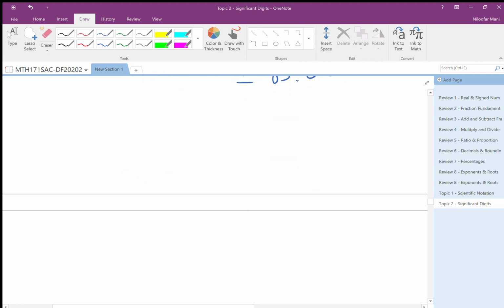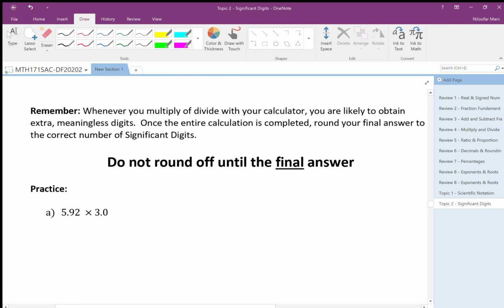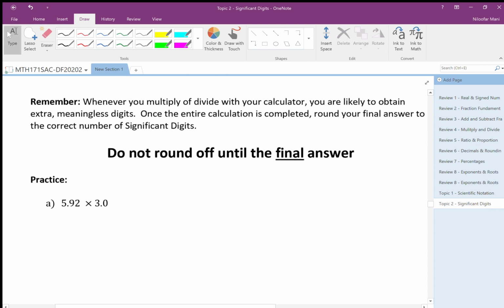Okay, so now I continue here. It says, remember, whenever you multiply or divide with your calculator, of course you are having more digits, meaning less, because we need to round to the least significant figures or significant digits.